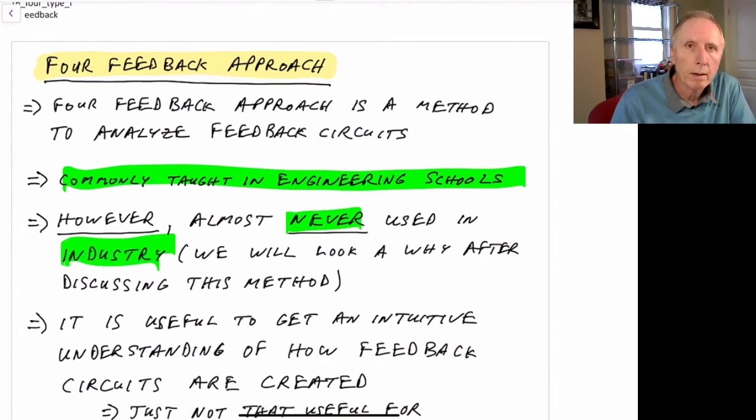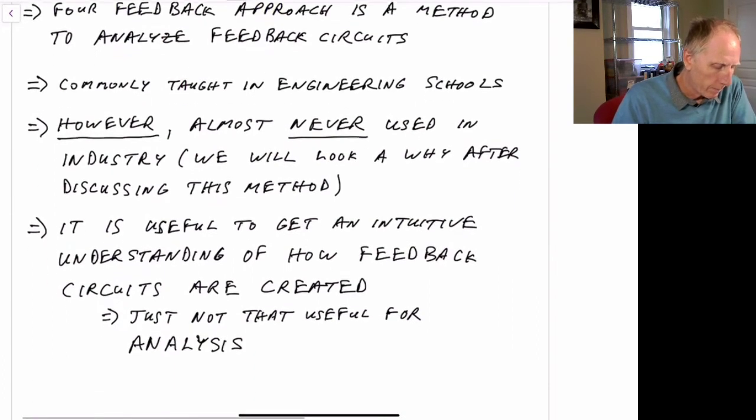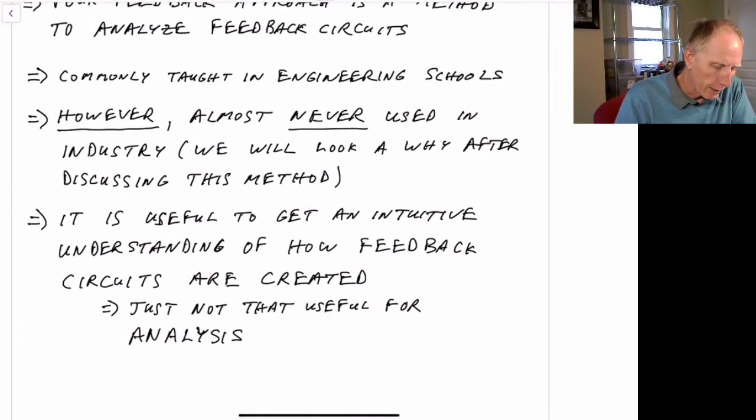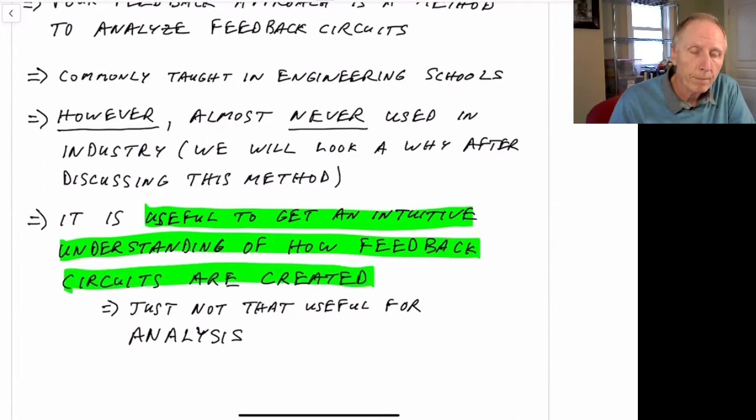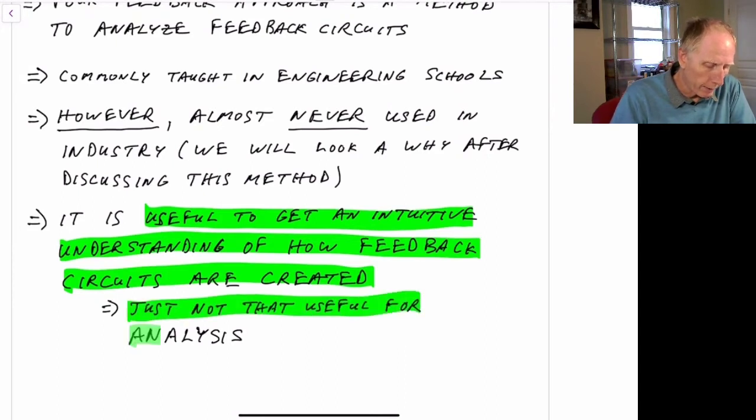And we'll talk a little later about why that's the case. So then you might ask, well, then why cover it at all? Because it's still a very useful technique to get an intuitive understanding of how feedback circuits are created. It's just not that useful for analysis.